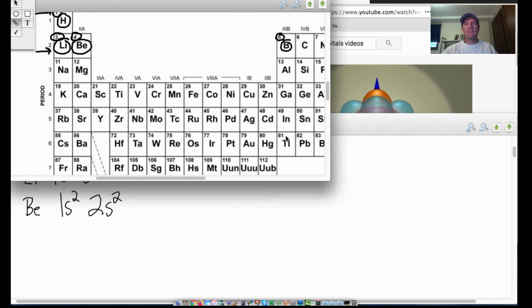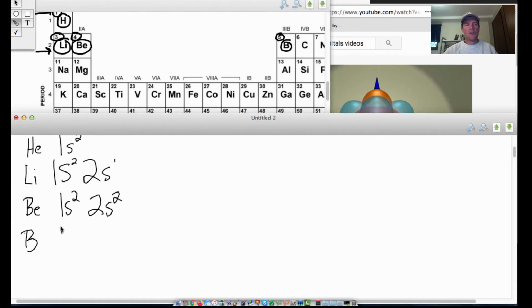Boron, 5 electrons. Boron, 1s2, 2s2. You see how I just repeated that because the first 4 are going to go in the 1s and the 2s. And now I'm starting to fill the 2p orbitals. Remember, there are 3 of them, 6 total electrons in the 2p orbitals.